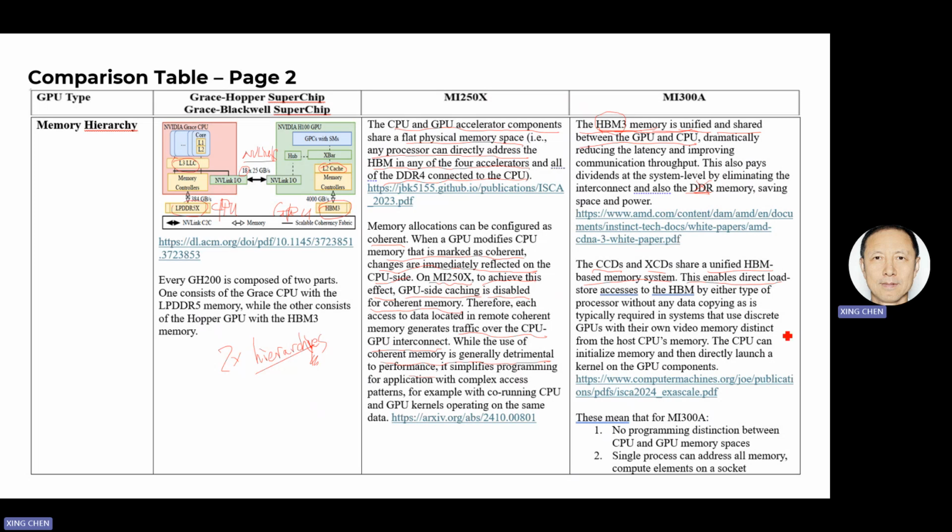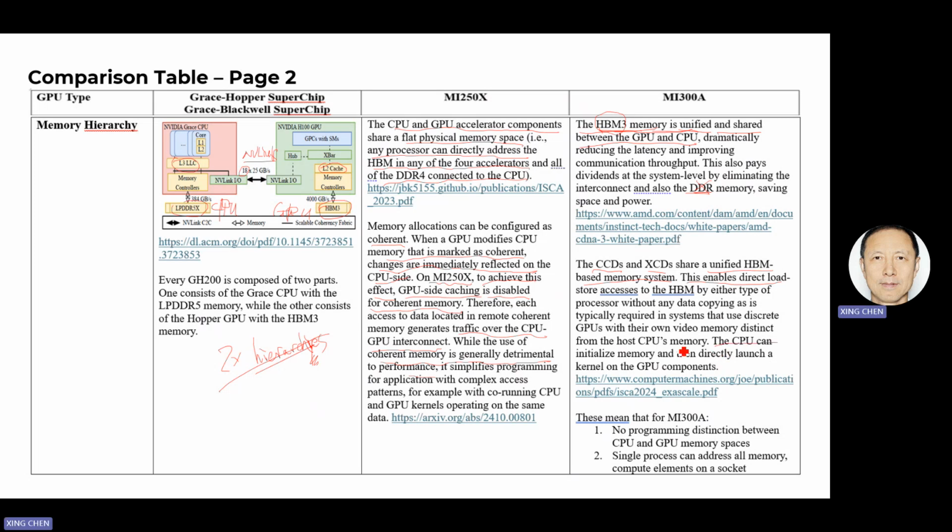So you have to do this kind of cache coherence, just because you have two sets of memory hierarchy. But for the MI300A, because you have only one memory hierarchy, you don't have this kind of cache traffic that originates from the fact that you have two memory hierarchies. You won't have this kind of cache coherence traffic on the system.